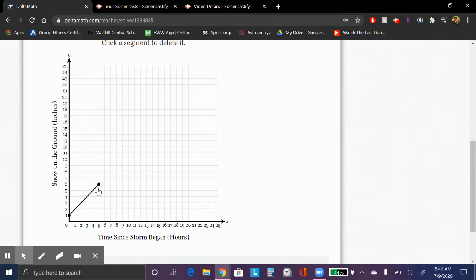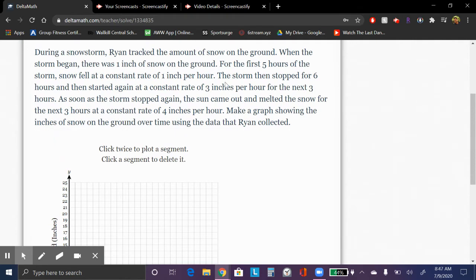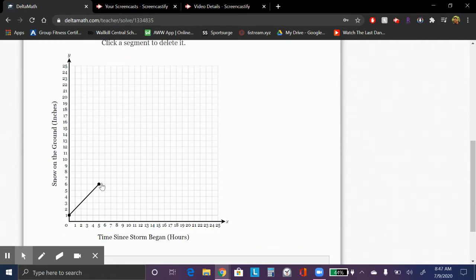So that's how much the snow fell in 5 hours, 1 inch per hour. The storm then stopped for 6 hours. Stop for 6 hours. 1, 2, 3, 4, 5, 6.